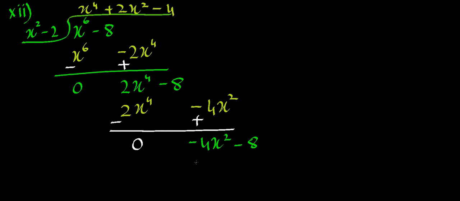Minus 4 when I multiply, I will get, oh, not minus 4, this will be plus 4, because even here I have a plus 4. Okay, so 4 multiplied by x square, I will get plus 4x square, and 4 multiplied by minus 2, I will get minus 8. Change of signs, this becomes negative, this becomes positive, and my remainder is 0 and 0.